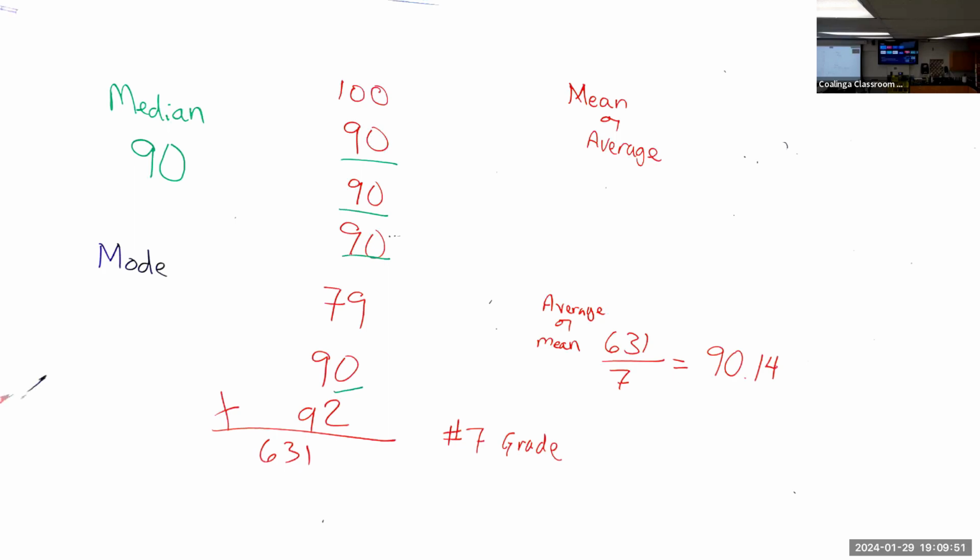So in this case, we have 100, 92, 90, 90, 90, 90, and 79. So in this case, my mode would actually be 2 numbers. It would be 92 and 90.